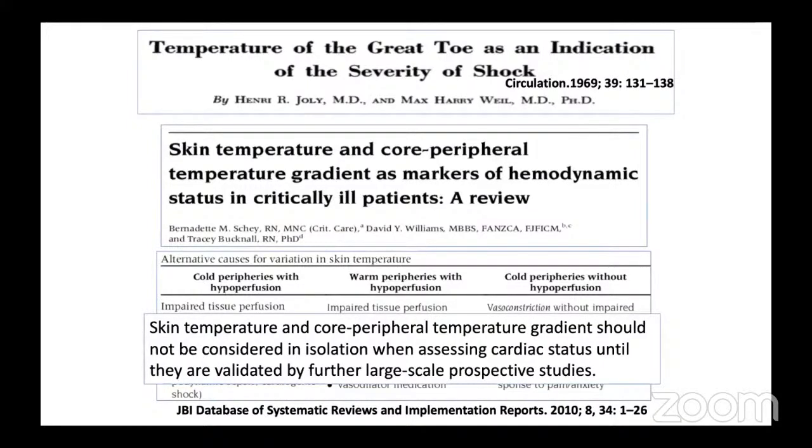So if you get a low skin temperature or a high core-peripheral temperature gradient, it should not be considered in isolation when assessing cardiac status until these are validated by further large-scale prospective studies.